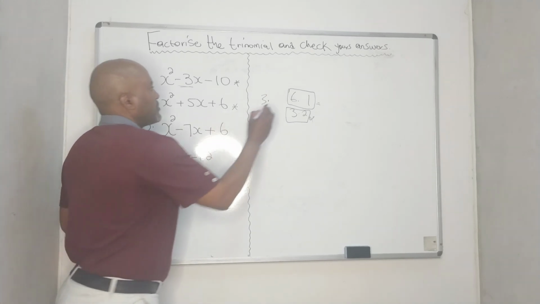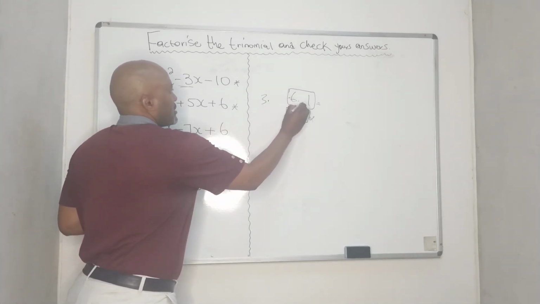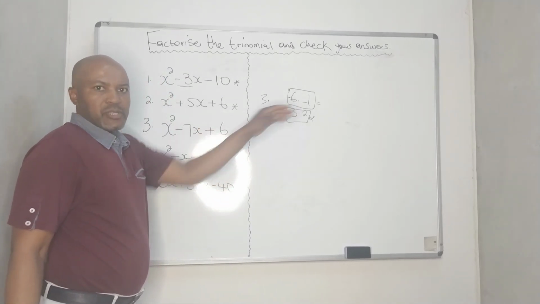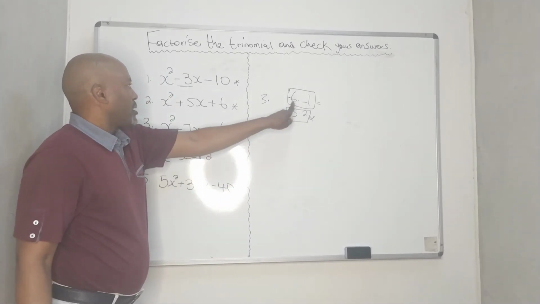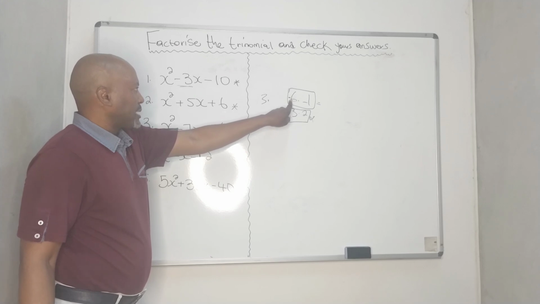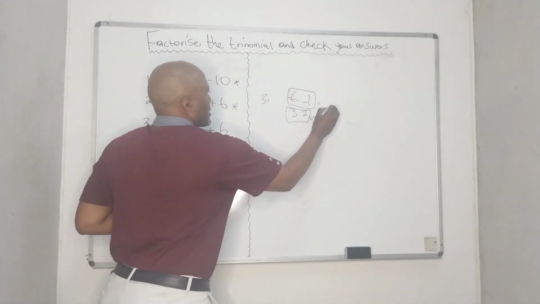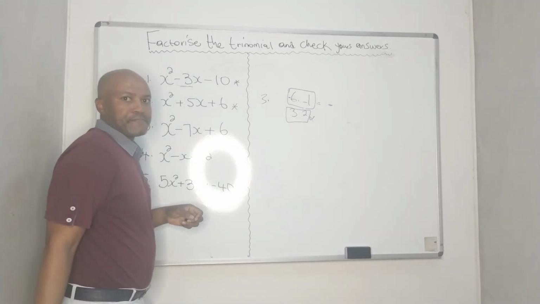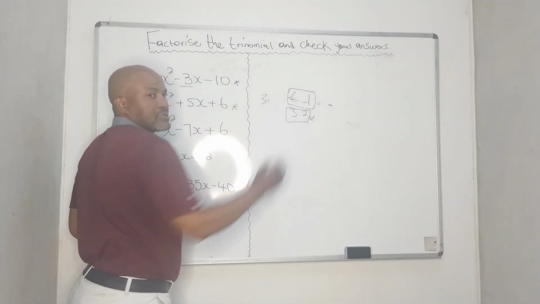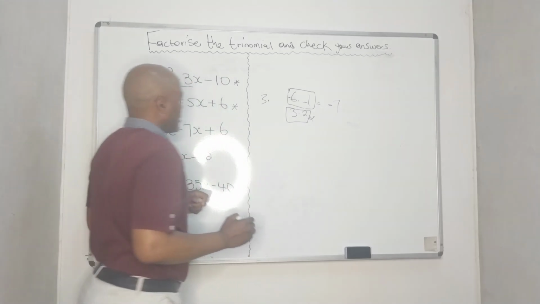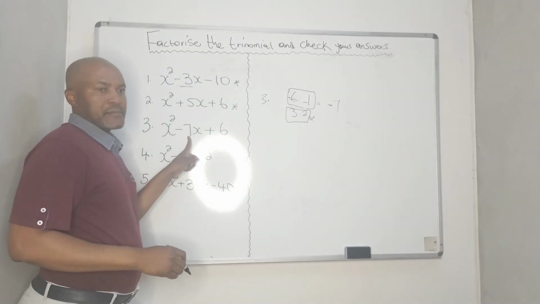So it means the two factors here should have a negative sign, because when I add this, the signs are the same. If the signs are the same, I take one sign and add the numbers, which is 7. I get that 7.